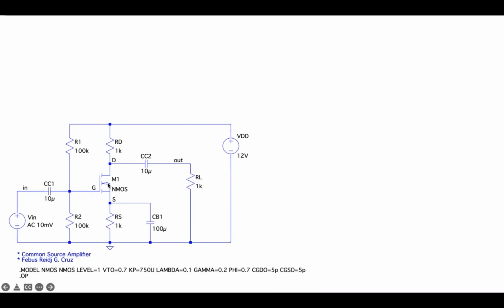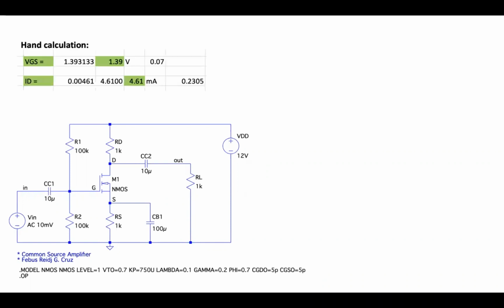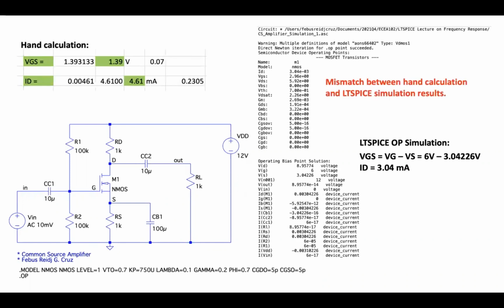So if I'm using 100 over 5, I'm actually using a ratio of 20. All right? So that is the cause of the mismatch. In the hand calculation, I'm using W over L equal to 20, while in the simulation, the LTspice is using the default ratio equal to 1. So that's why we have the mismatch.